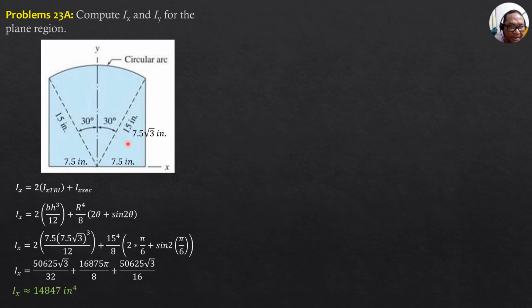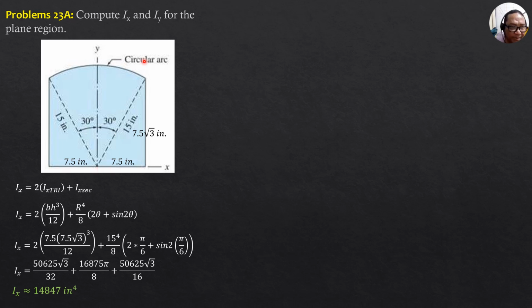The moment of inertia with respect to the centroidal axis of the triangle is base. The base this time is this 7.5 square root of 3. The height is the dimension perpendicular to the y-axis. So 7.5 square root of 3 times 7.5 quantity cube over 36.